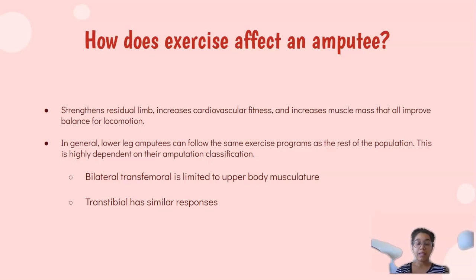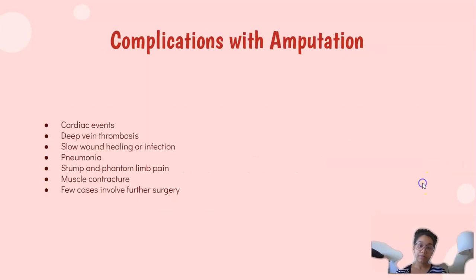And then anything below the femur, transtibial, has similar responses. So below the knee, at the foot, at the knee, mid-thigh, all have similar responses, especially if it's just one leg that's been amputated.